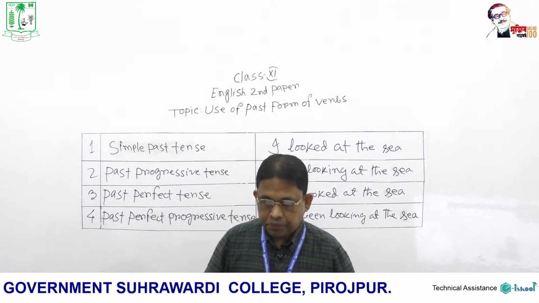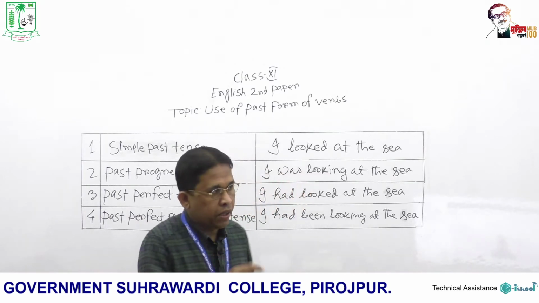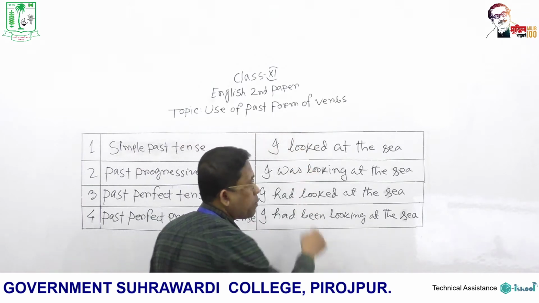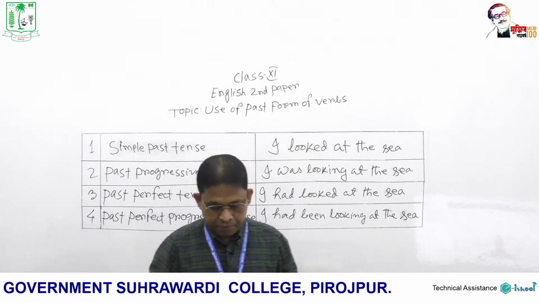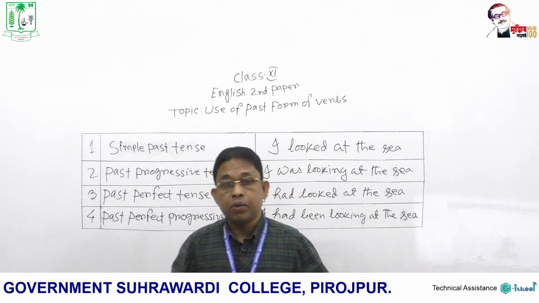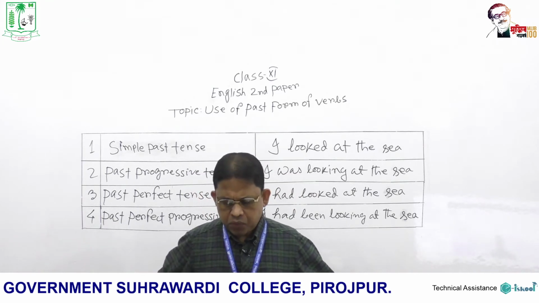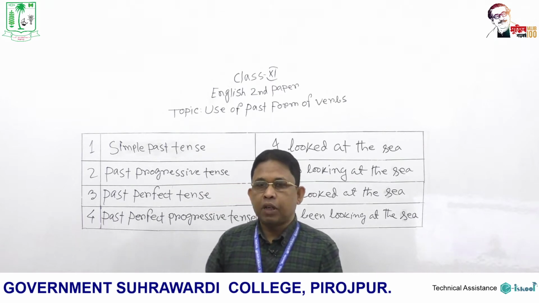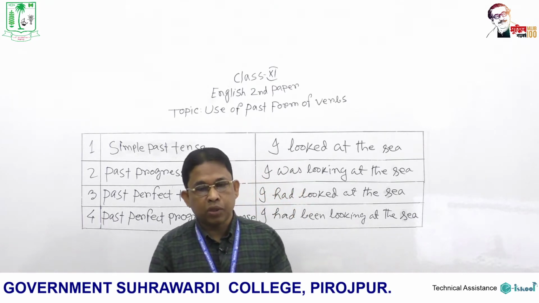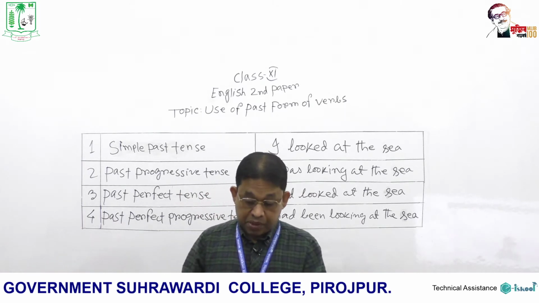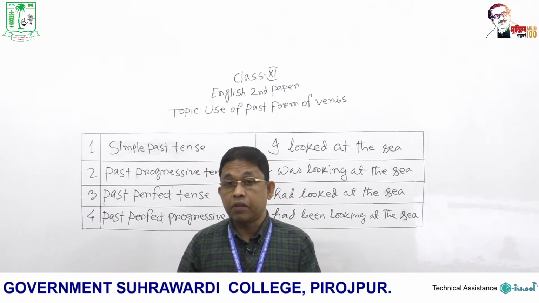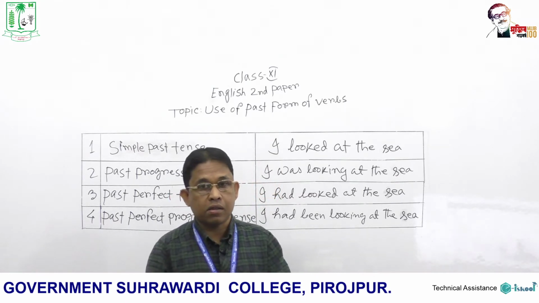Anyway, today I have selected the topic use of past form of verbs, because previously we have dealt with the base form, use of base form of verbs, use of progressive form. We have already discussed the ing form of verbs, the differences in my previous classes.